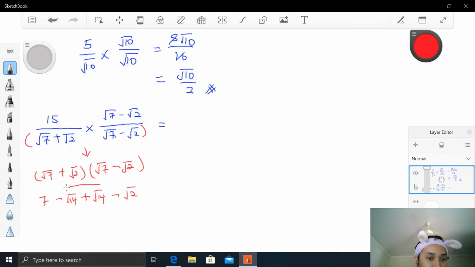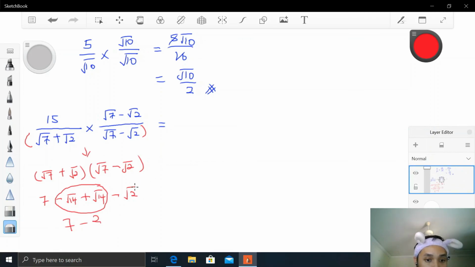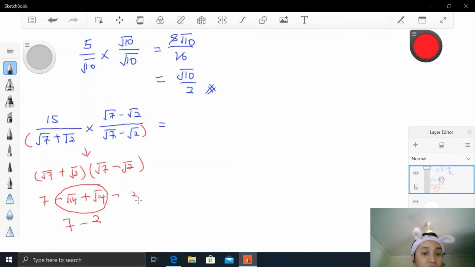So you notice that the one in the middle we can cancel out, because it's minus surd 14 plus surd 14, so this will be equal to 0. So this will be equivalent to 7 minus 2, because surd 2 multiplied by surd 2 you get 2.